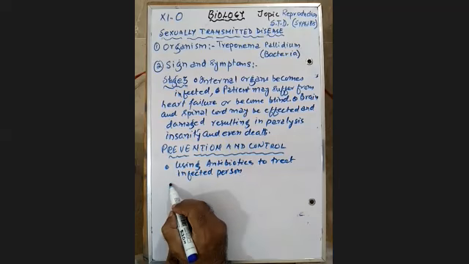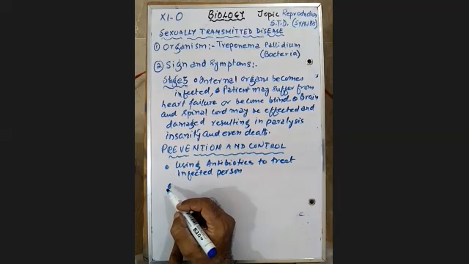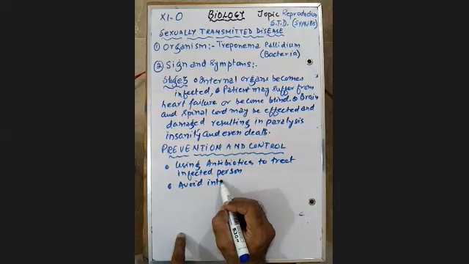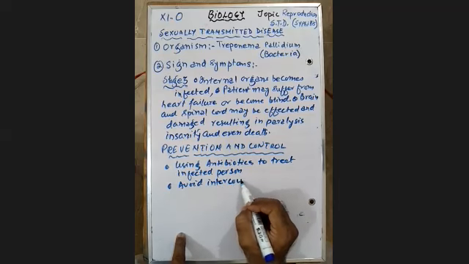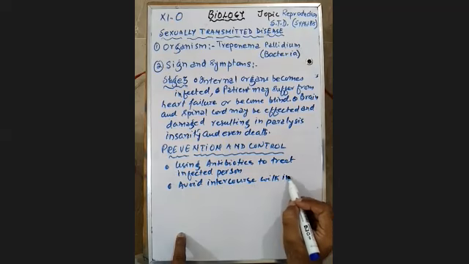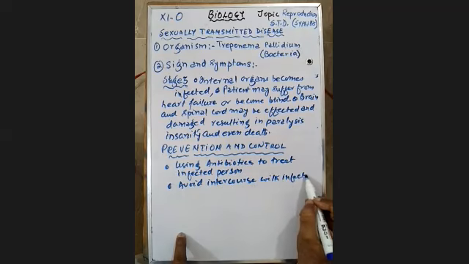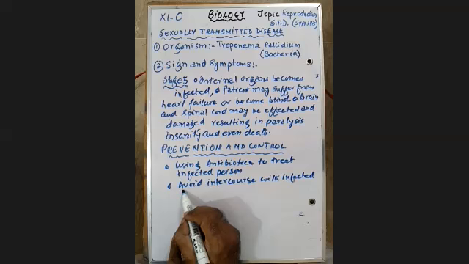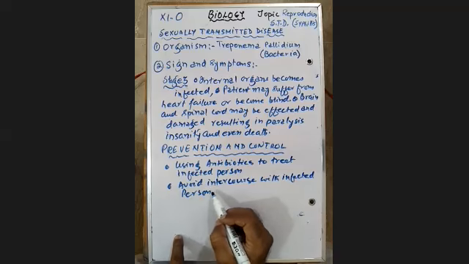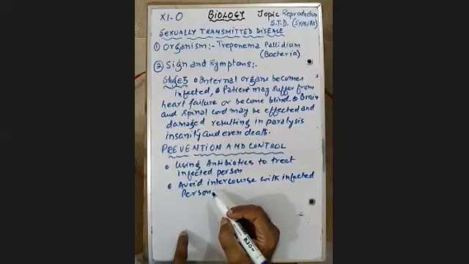Number 2, avoid intercourse with an infected person. Number 3, tracing the contacts.